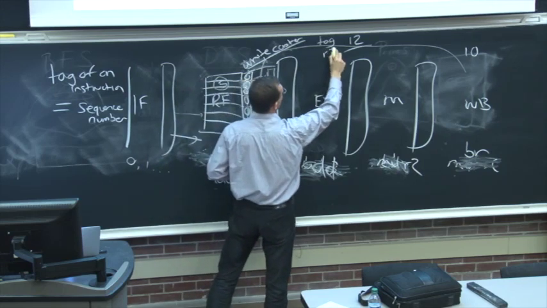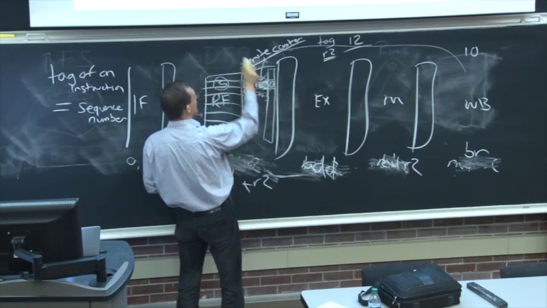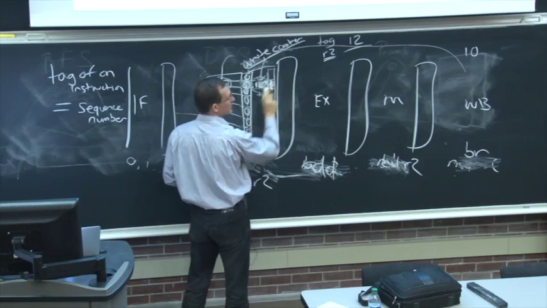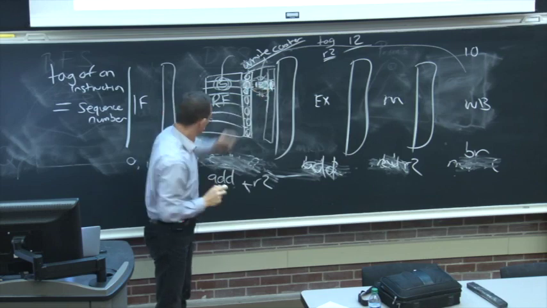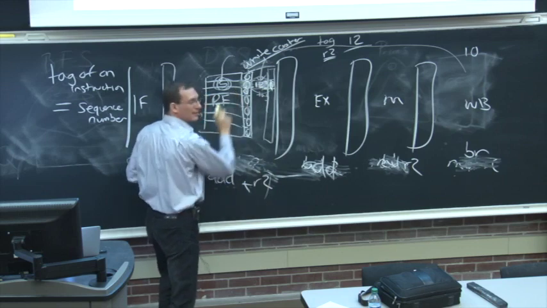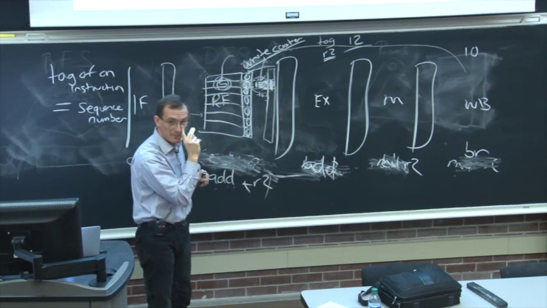When it's writing to R2, you also have the register ID. If it matches, now you write the value into the register file, 5, and set the valid bit to 1. Which means that now the correct value of the register is produced. Now this add that's here waiting for R2 can go, right? Because the valid bit of R2 is 1.